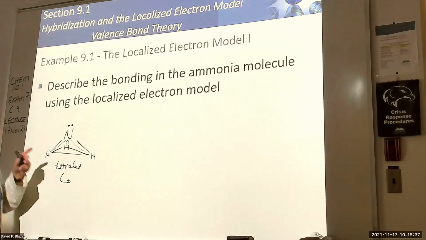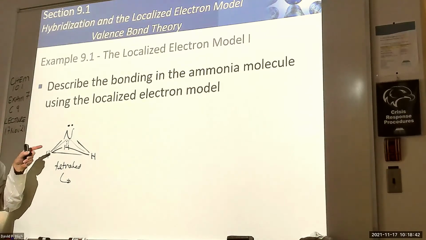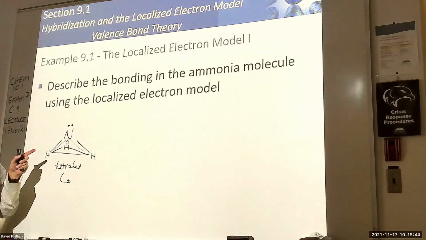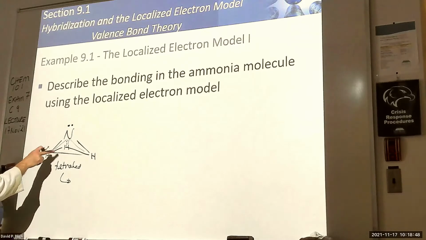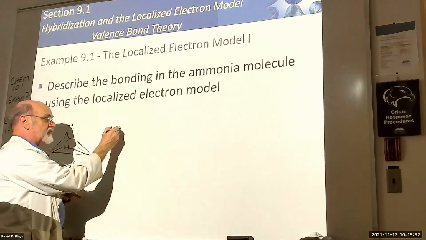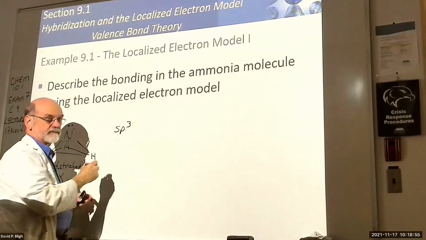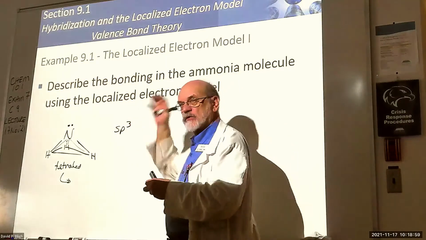Okay, so in order to apply this hybridization, we have to look at the electronic structure. That's where the hybridization comes in. So with a tetrahedral structure required, that means nitrogen has to be sp3 hybridized in order to give you that tetrahedral structure.